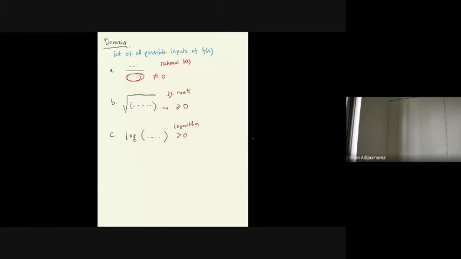Then you just need to mix all these variations. But the most important in domain are just these three, and they solve all problems. Because otherwise the domain is all real numbers, since basically any x you can plug into functions as much as you want, unless you have this kind of function.